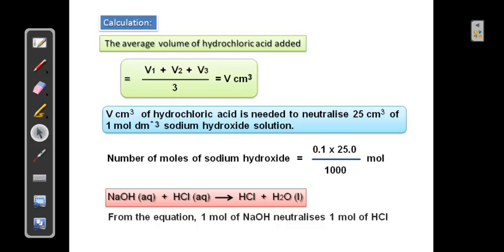So NaOH, 1 sodium, 1 hydroxide, plus 1 hydrogen plus 1 chlorine. So they just change places. They trade places, and you have NaCl plus H2O. So from the equation, 1 mole of NaOH neutralizes 1 mole of HCl. That is quite simple, right?